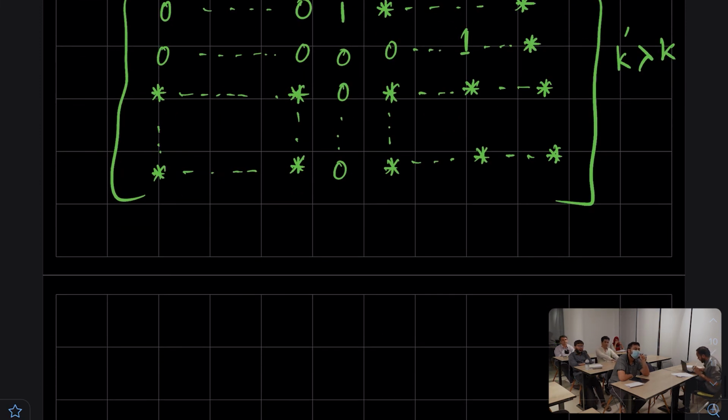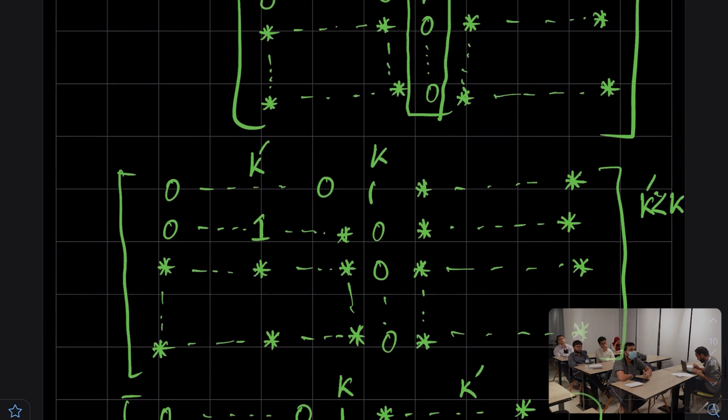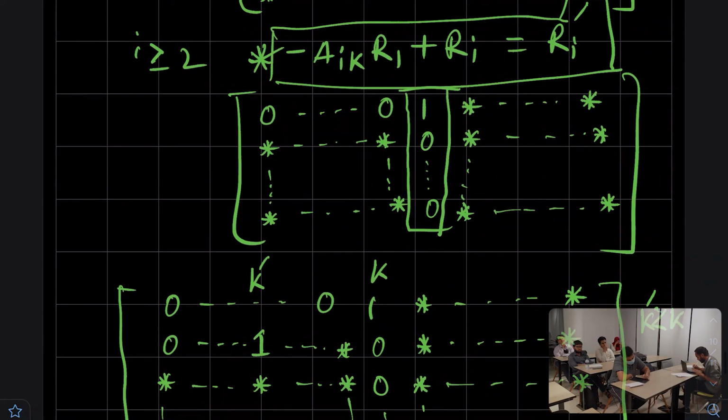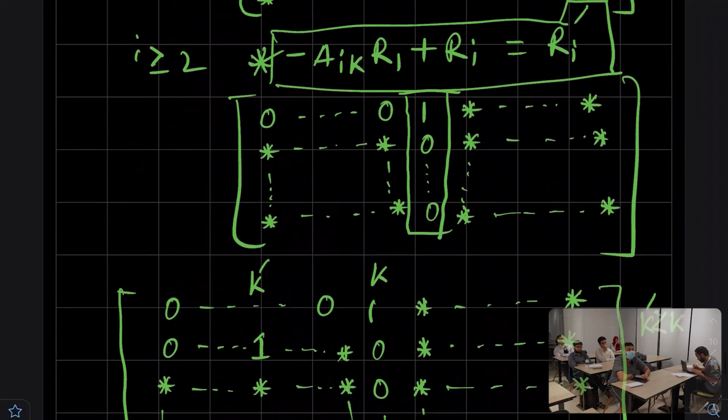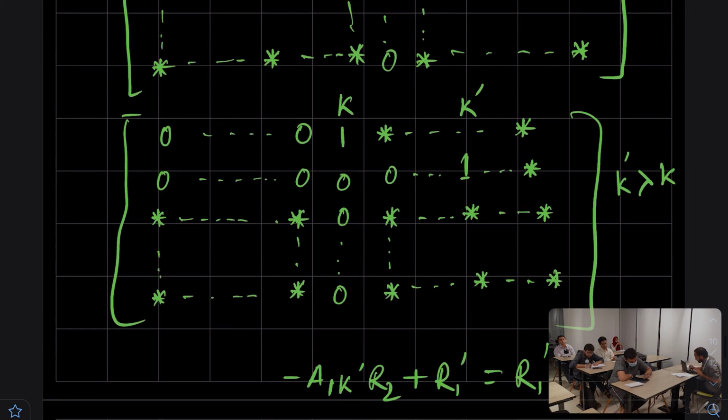So there will be another operation like minus a1 k prime times r1 plus r2 equals r2 prime, to make this entry 0.